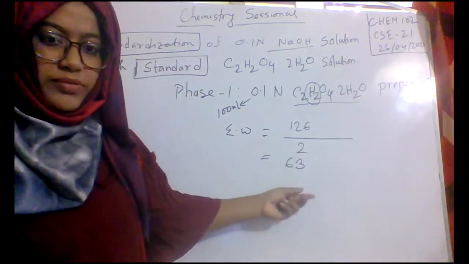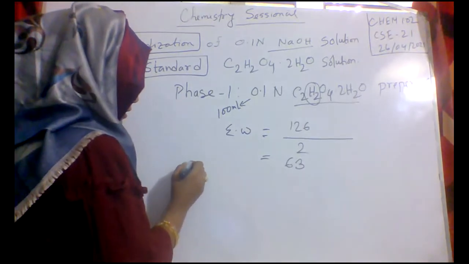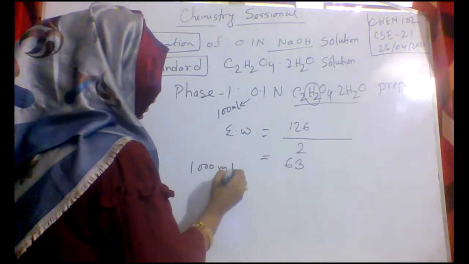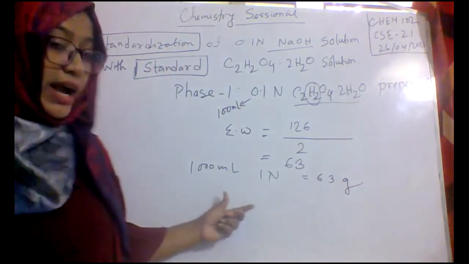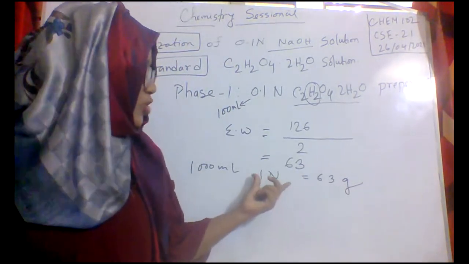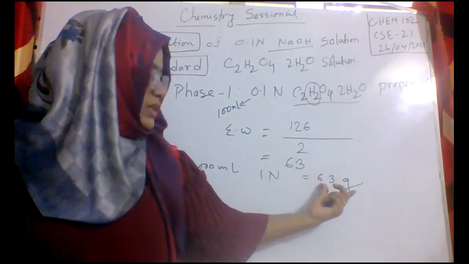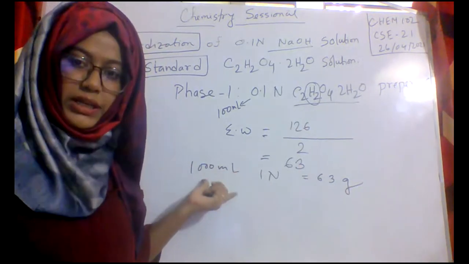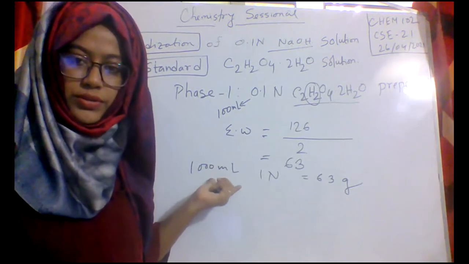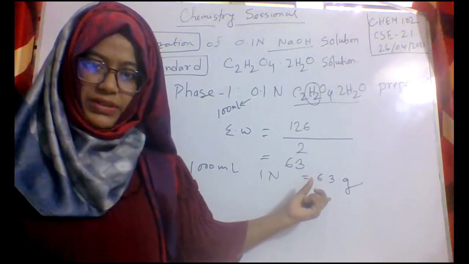The equivalent weight dissolved in one liter of solution is equal to 1 normal. So 1000 ml of 1 normal equals 63 gram. If I want to prepare 1 normal oxalic acid solution, I have to take 63 gram of oxalic acid in 1000 milliliter of solution. That's the standard formula from the definition.